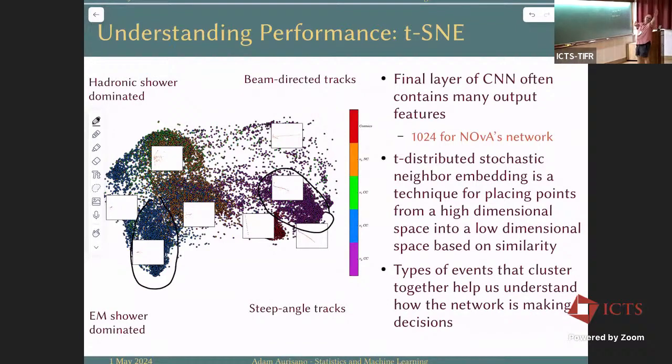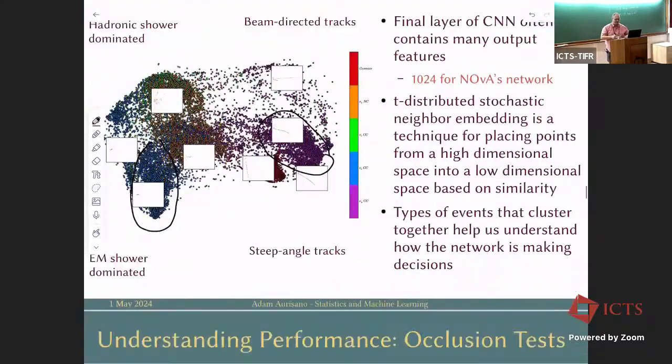Moving to the upper corner, you're dominated by hadronic showers. The lower corner, you're dominated by electromagnetic showers. And then on the other side, you're dominated by either beam-directed tracks or steep angle tracks, right? So you can see that the steep angle tracks are where you start becoming more ambiguous with cosmic rays, right? These are the NuMus where you're not 100% sure anymore whether it's a NuMu or a cosmic ray. So these types of analyses can help you get an intuitive understanding of what it is you're looking at.